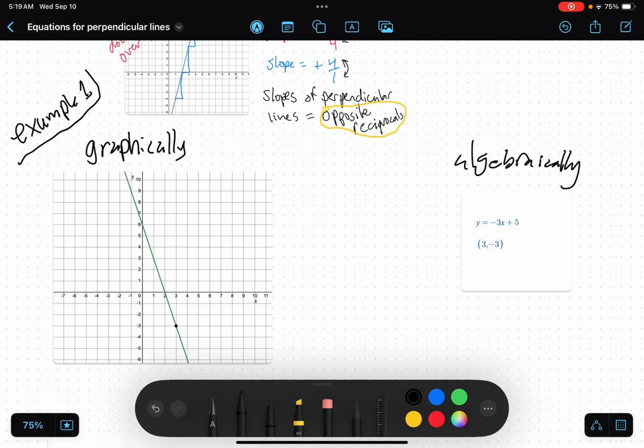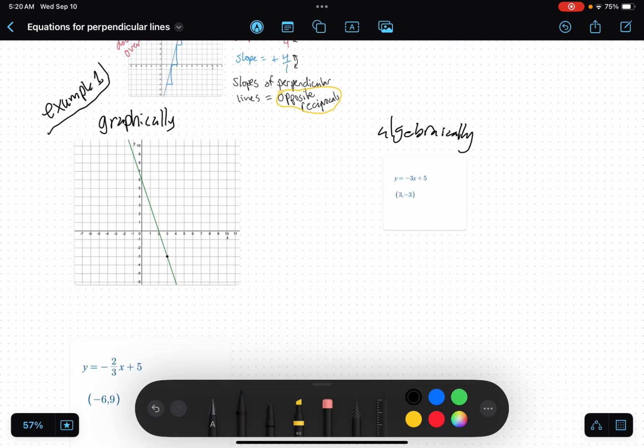Okay, so let's start by looking at the graph. Our first step is to figure out the slope of the line. Step 1 is identify the slope of your line.